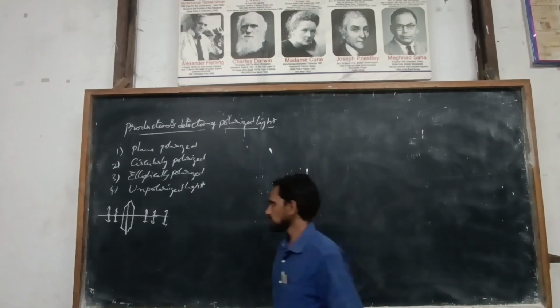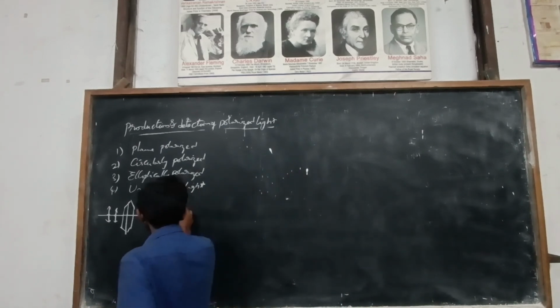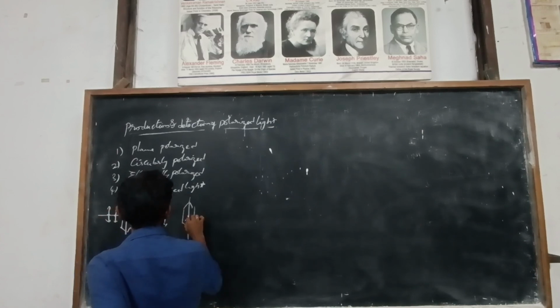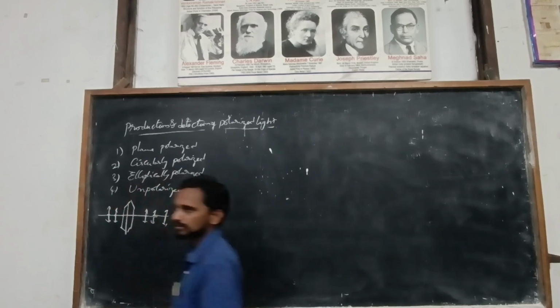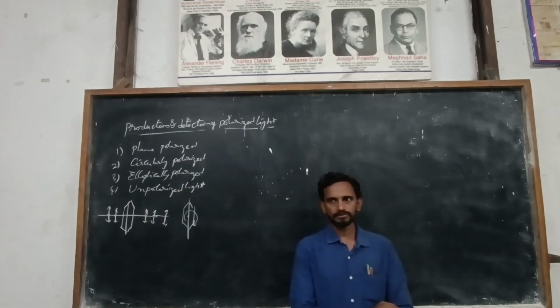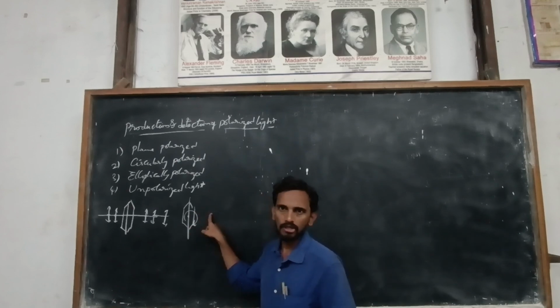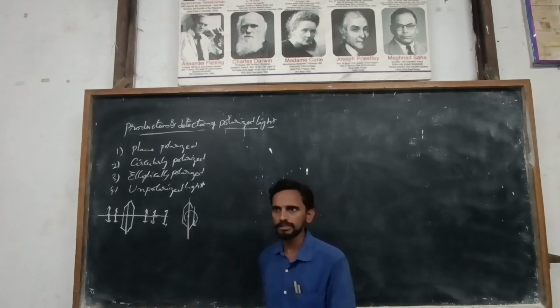Right? So when you pass this polarized light through a rotating crystal, if you start rotating this crystal through 360 degrees, when the angle becomes 90 degrees, output intensity becomes 0.